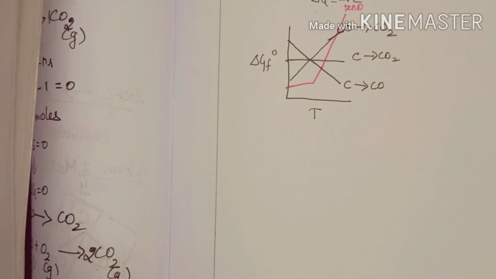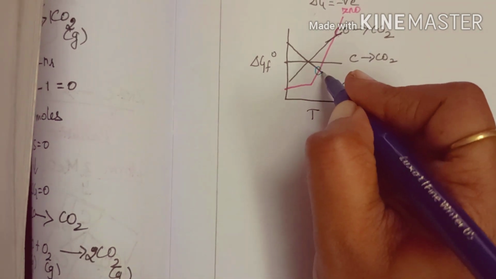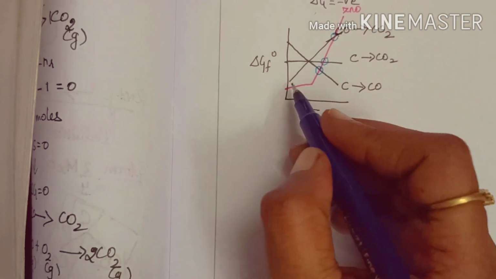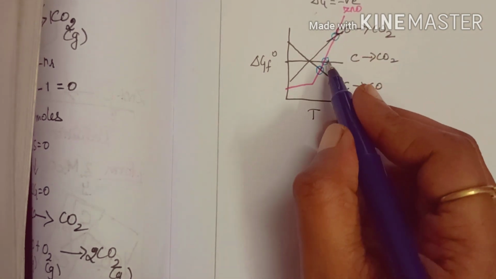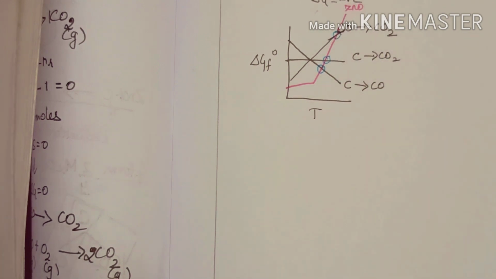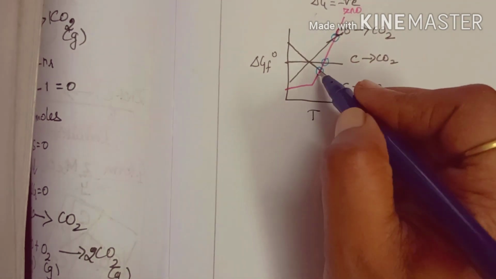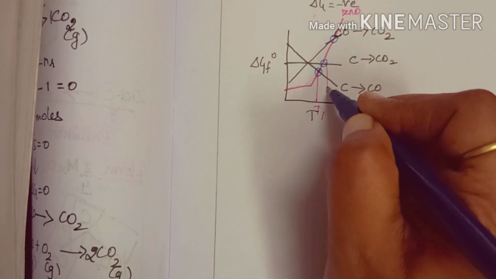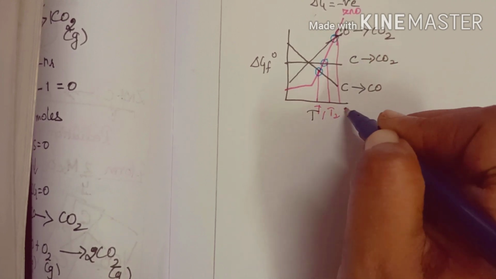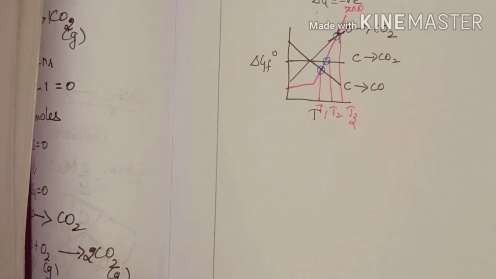Now you can see 3 intersecting points, 1, 2 and 3. So this pink line has 3 different intersecting points with 3 different reducing agents. The first one I'll take as T1, the second is T2 and the third is T3.